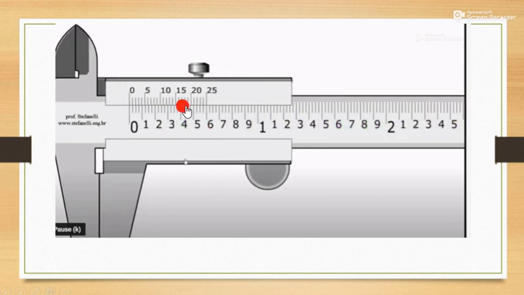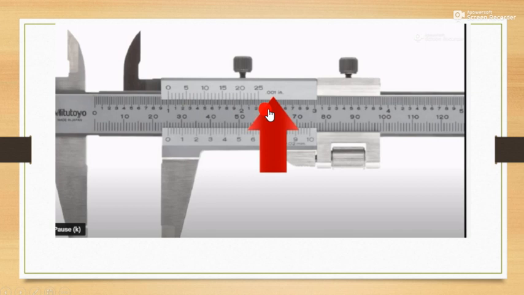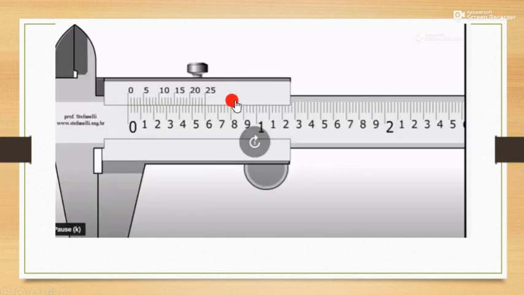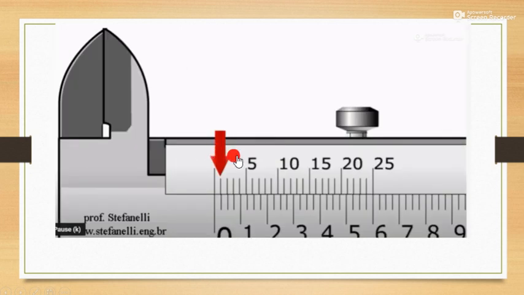The vernier scale can be moved to and fro, with a least count of 0.01 centimeter. It means that when we move the vernier scale along the object, there are 1 division, 2 divisions, 3 divisions, 4 divisions and 5 divisions, where 1 division is equal to 1 millimeter.